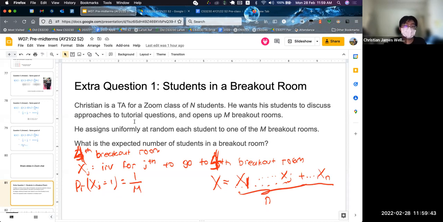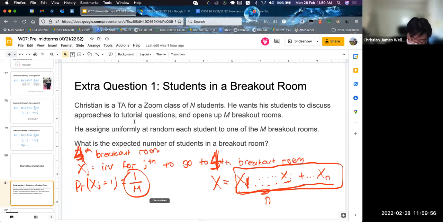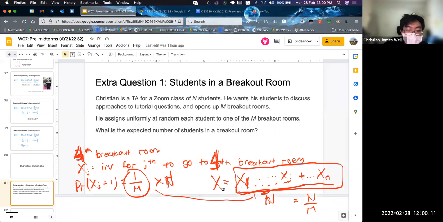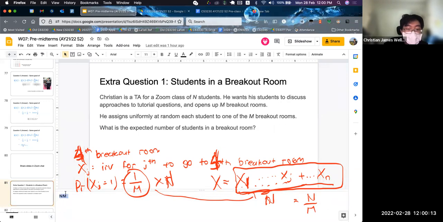I'm just going to skip steps because this is really things we have done, but the expected value of this entire thing, by linearity of expectation, you probably know by now, is just substituting 1 over m inside, and then you times n. So you get capital N over m. So in total, the answer should be n over m. Okay, and that is the answer in my speaker notes, n over m.